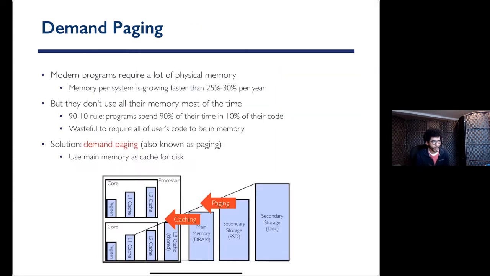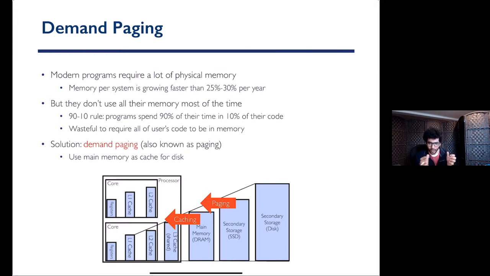Now, you should be familiar with swapping from 252. The idea was that if you don't have enough memory in your physical memory, then you have to choose a process and swap it to your storage to make space for other processes.